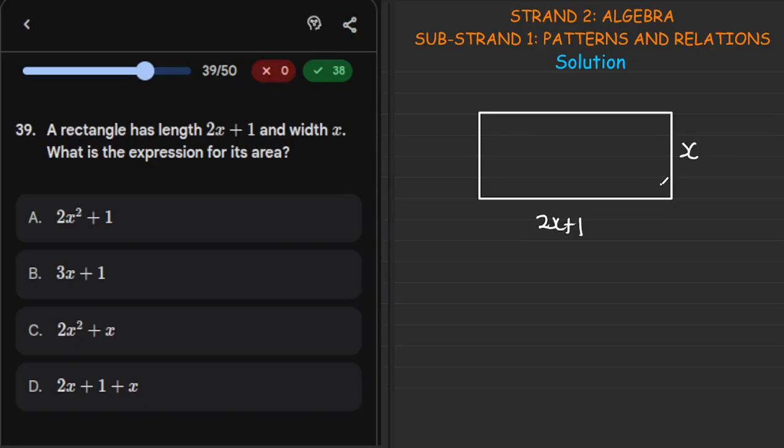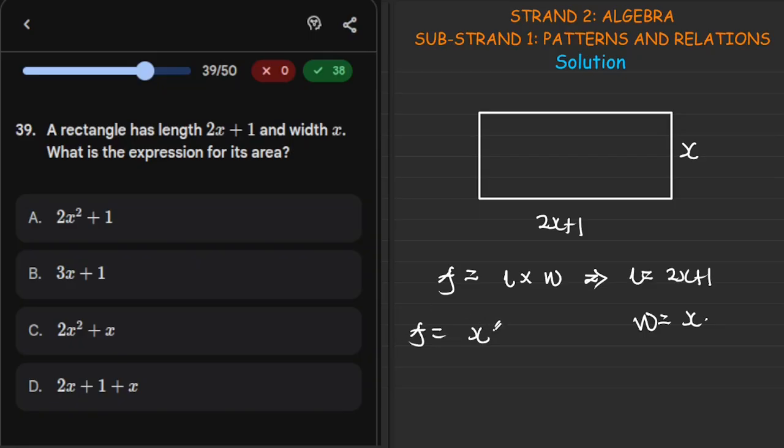What is the expression for its area? We know the area of a rectangle is giving us the length times the width. And in this case, we know our length being what? The 2x plus 1. And our width also being what? X.